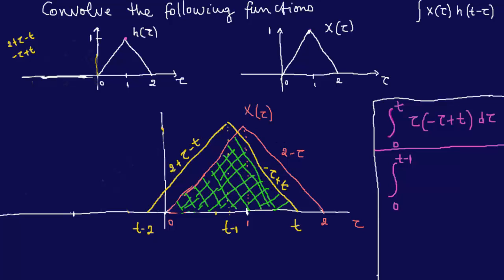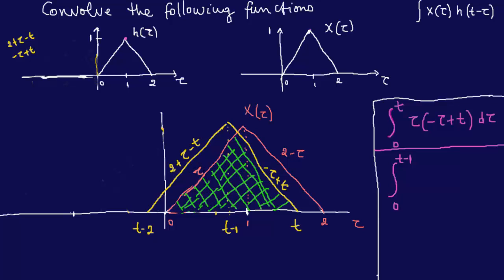So again, what are we multiplying here? X of tau, h of t minus tau. From 0 to t minus 1, what do we have? I erased it, but this was tau.